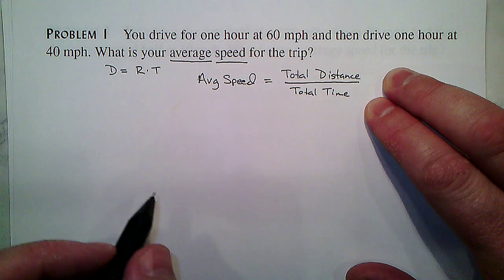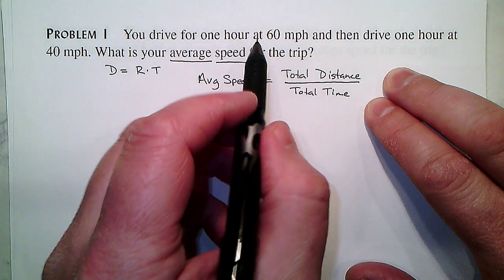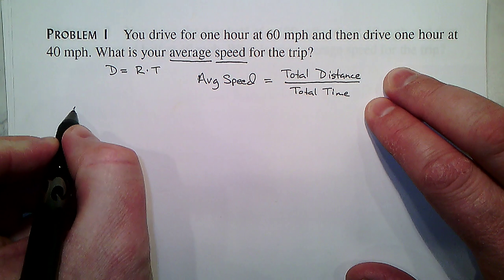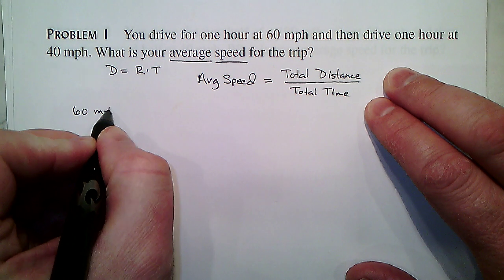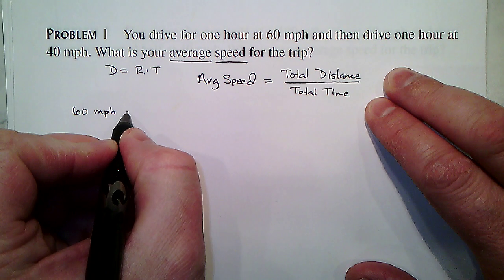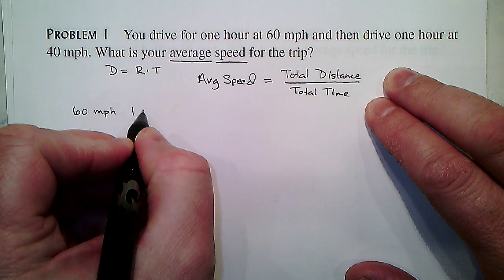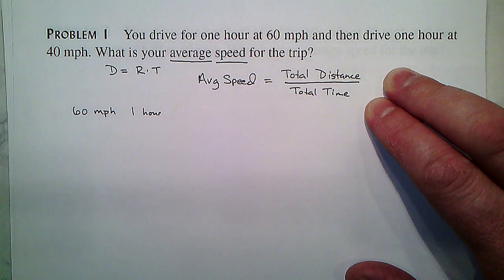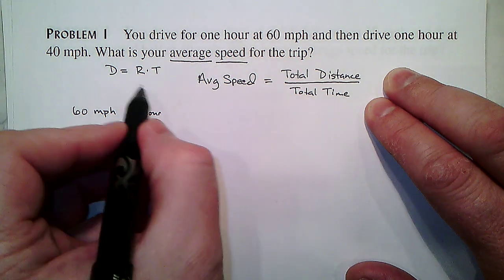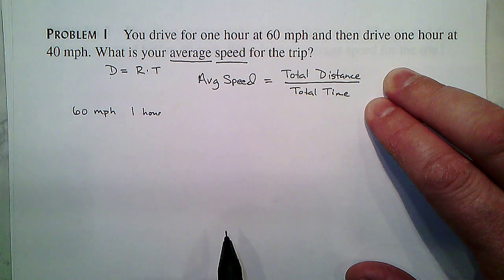Well, let's see. We know that for 1 hour, we travel 60 miles per hour for 1 hour. So what is the total distance? Well, distance equals rate times time.